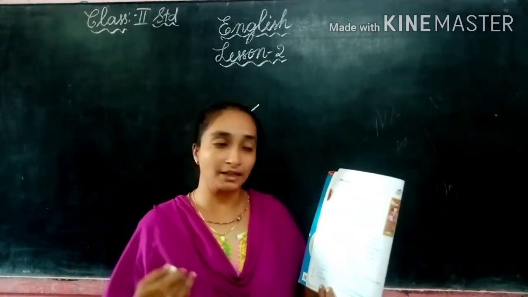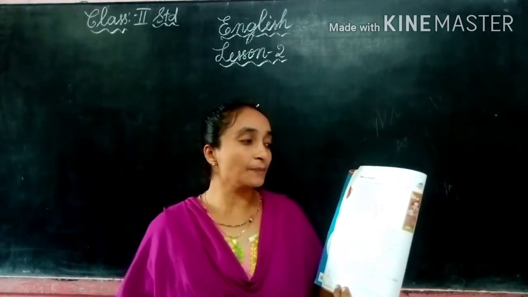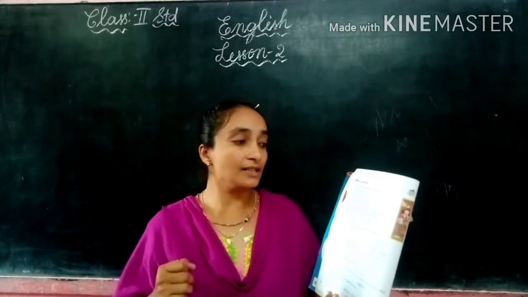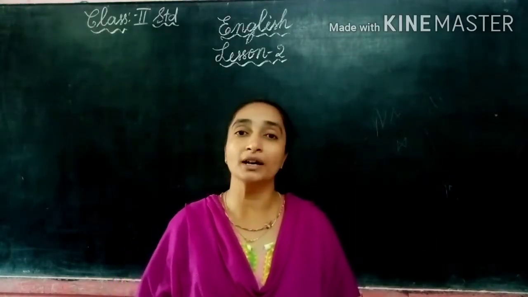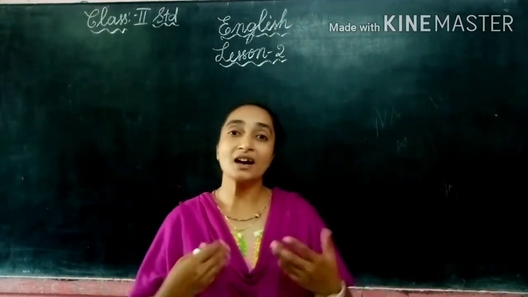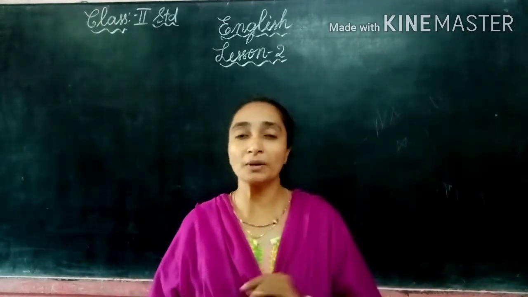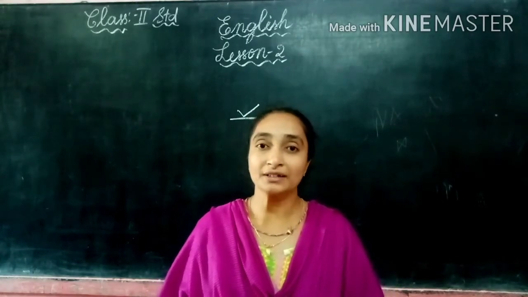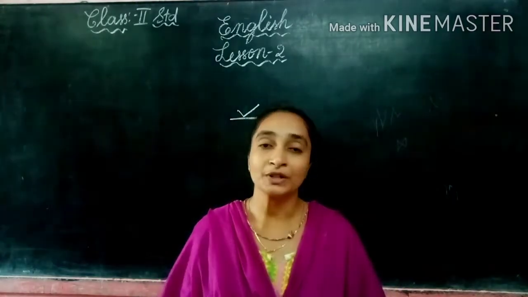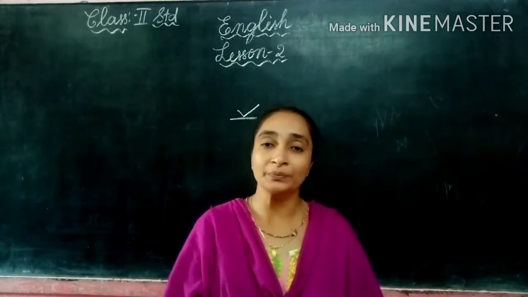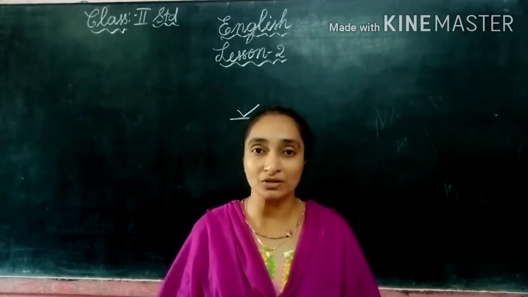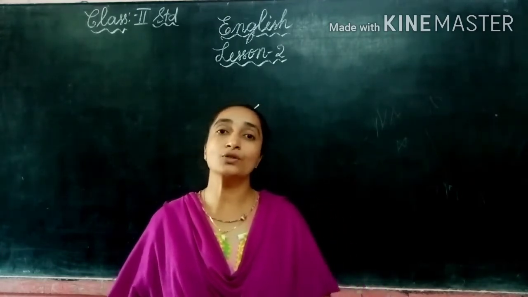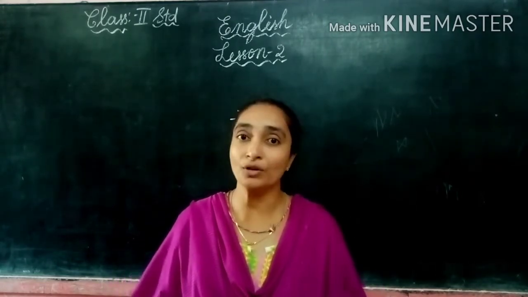Now let us read the second one. The second sentence is Sarah could not find her ribbon. Another sentence is Sarah could not find her pencil. Did Sarah not find her ribbon or pencil, children? Yes, Sarah was searching for the ribbon. She kept the ribbon on the table. When she came back and saw, the ribbon was not there. So she could not find the ribbon, not the pencil.